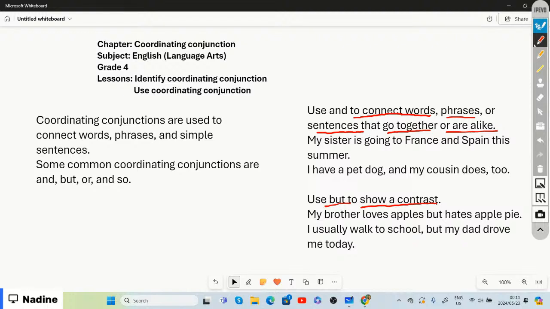Same with me. I love apples, but I don't like apple pie. And it shows the contrast. I usually walk to school, but my dad drove me today.